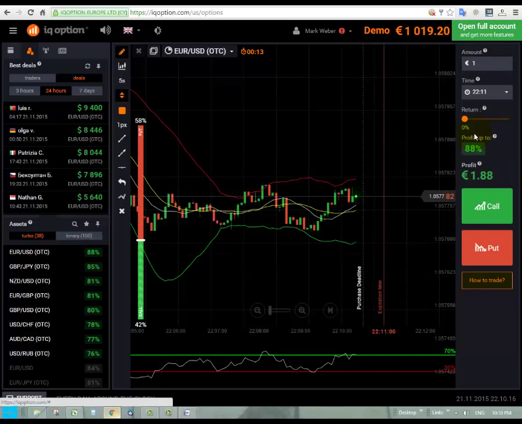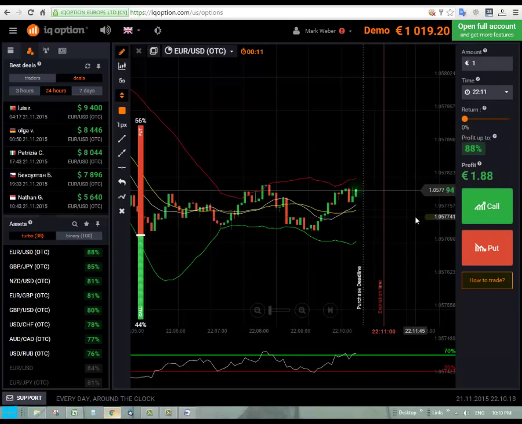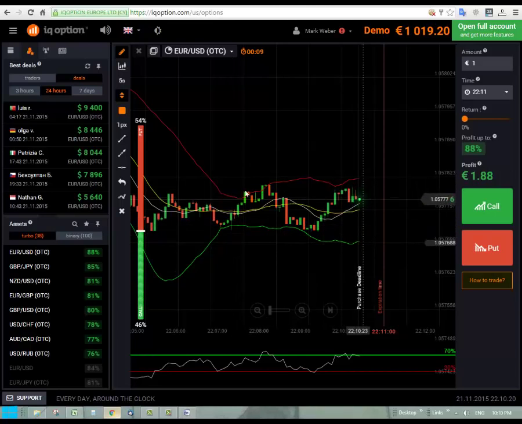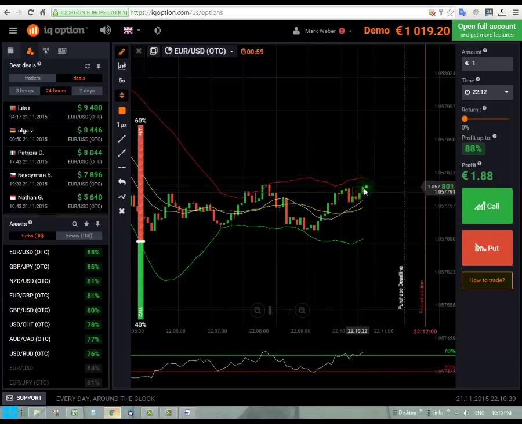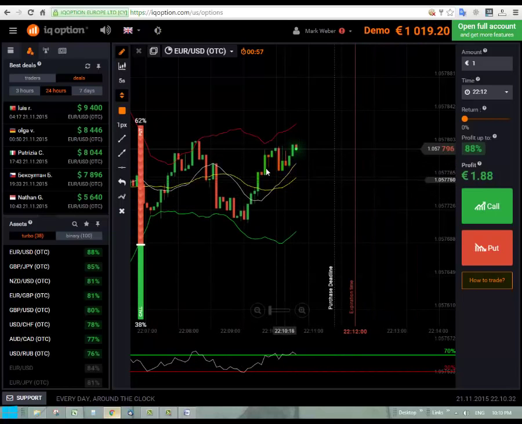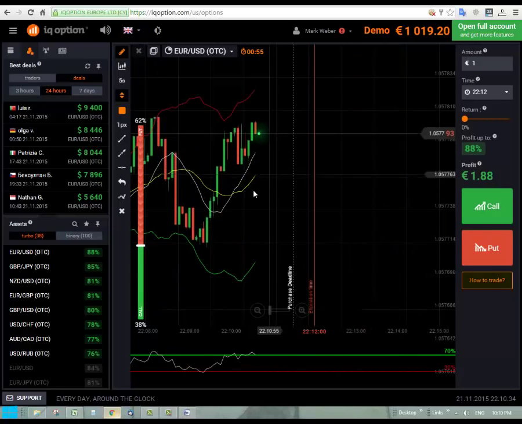We will set up for €1. You can see the channel is a little bit narrow now, which means that we will expect a movement, a big movement.